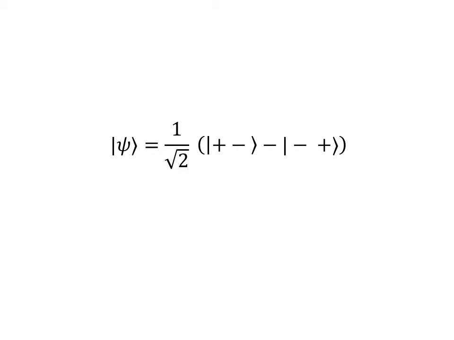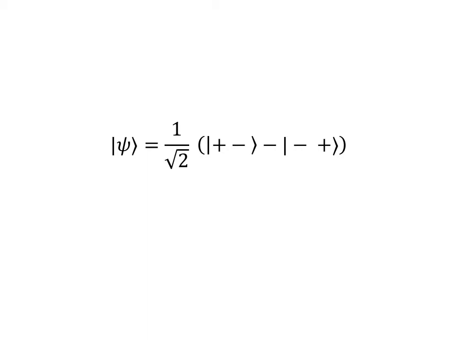Now, if we are to carry out an experiment to determine the spin of the first particle, we have to act on this ket psi with the operator S sub 1. We can determine, using the rules of quantum mechanics, the probability that after the measurement, that is, after the application of S sub 1 or S sub 2 on the singlet state function psi, the first particle will have spin plus, that is, be in a spin-up state, while the second particle will have spin minus.